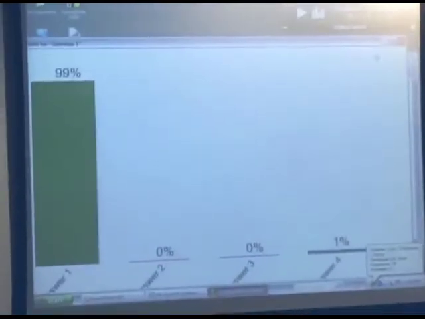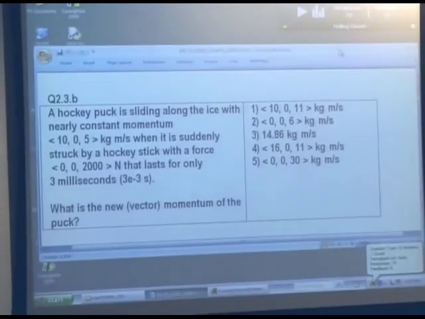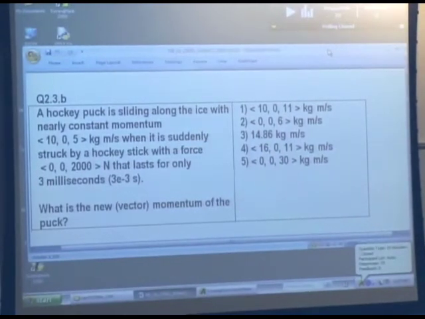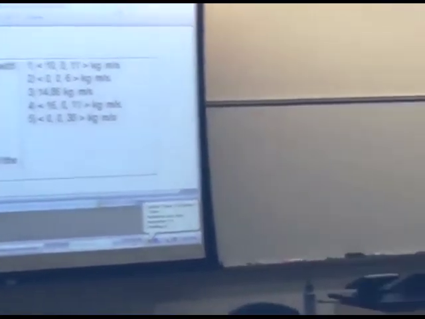Wow. Okay. Pretty nearly unanimous. And good job. So what you did, presumably, was simply use the momentum principle.